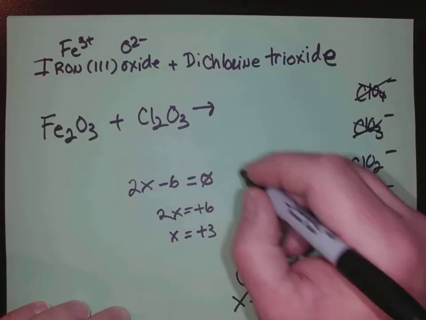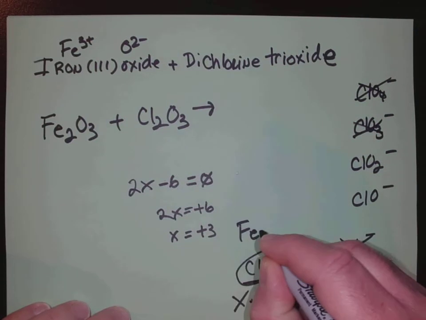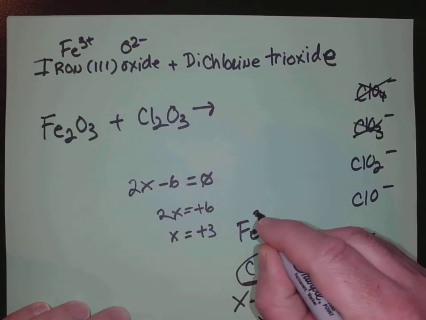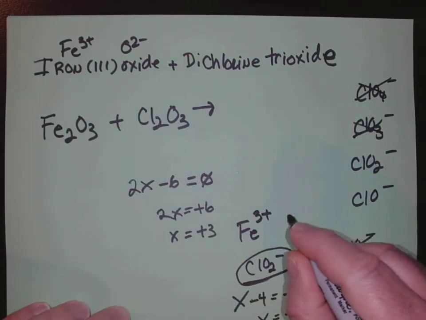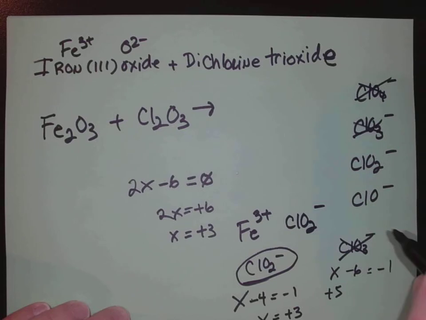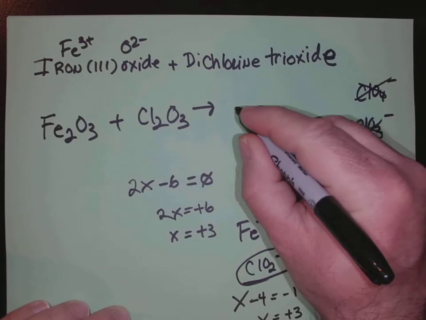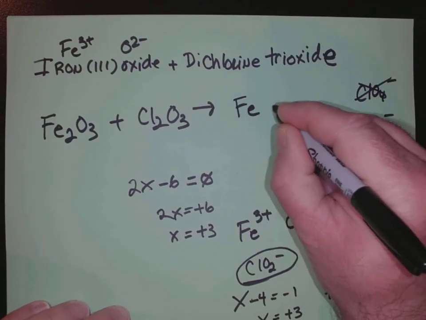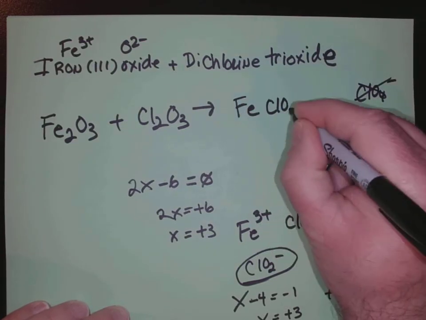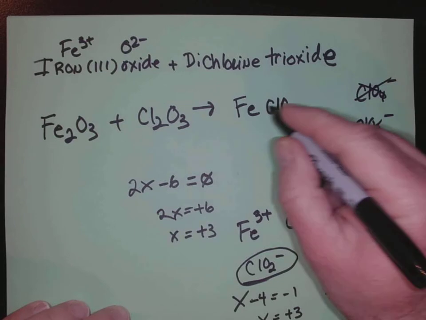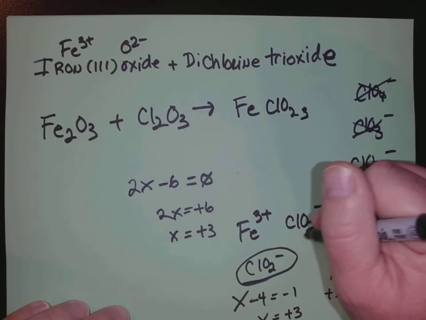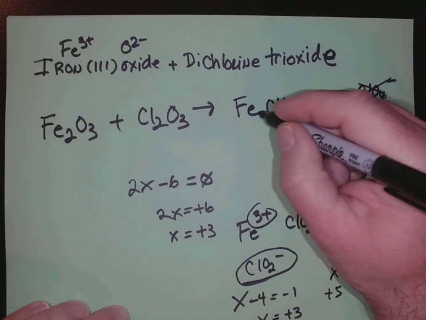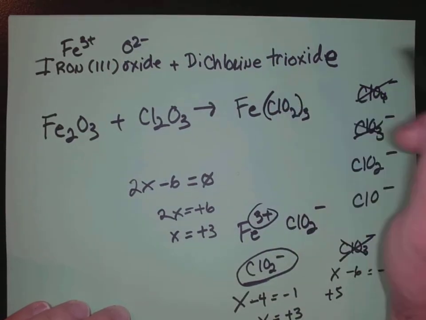Now, like I said before, iron is +3 over here, so it's going to be +3 in the products. So ClO2-, when I mix these two together, I get Fe(ClO2)3, and I have to put a 3 behind it for this +3, crisscross, and I need parentheses here.